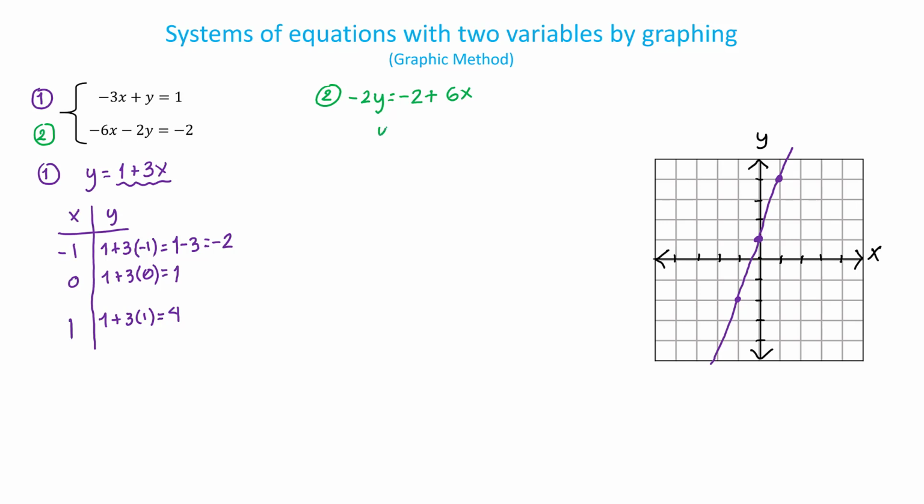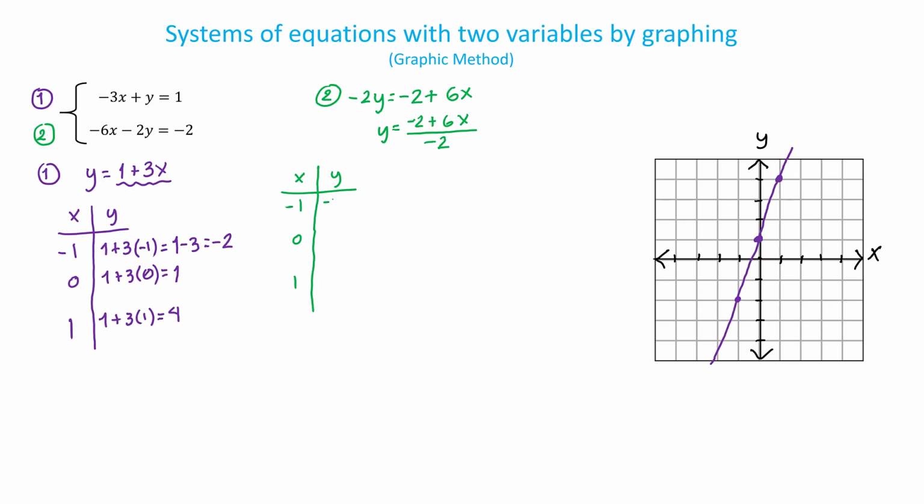So y equals minus 2 plus 6x over negative 2. Now that we cleared y, we are going to do our xy table. I'm going to use the same values of x, minus 1, 0, and 1.